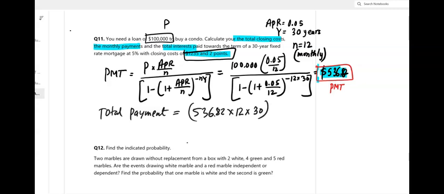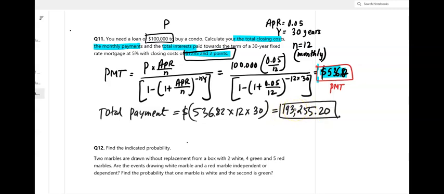That's going to be the total payment you pay for the loan over 30 years. That gives you $193,255.20. This is the total payment.